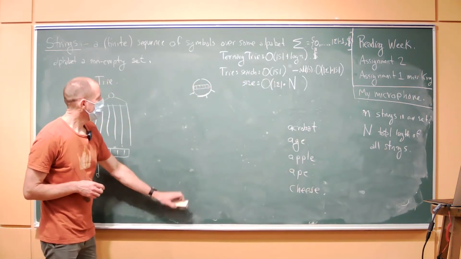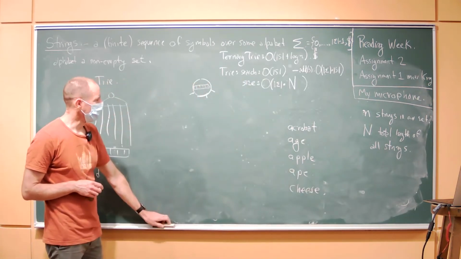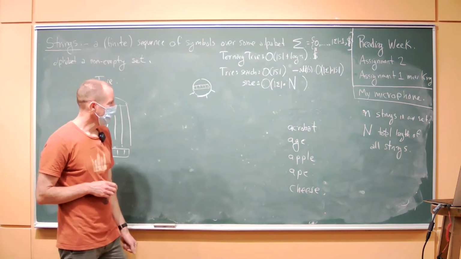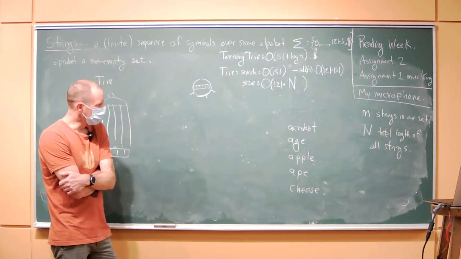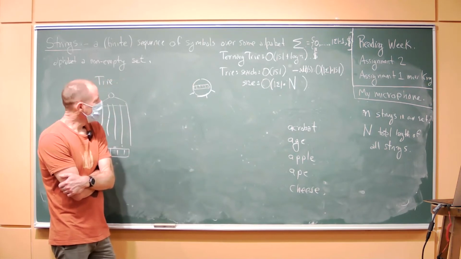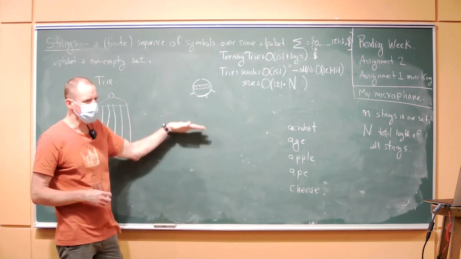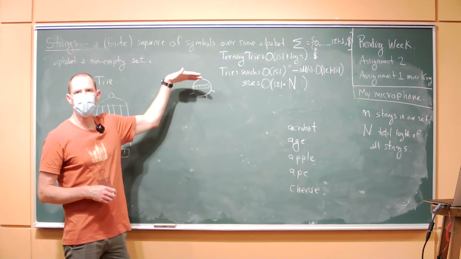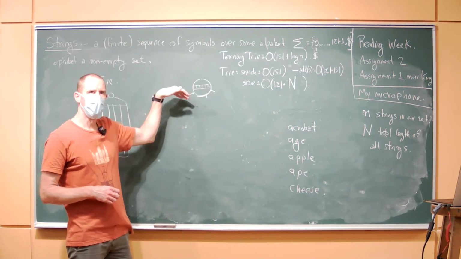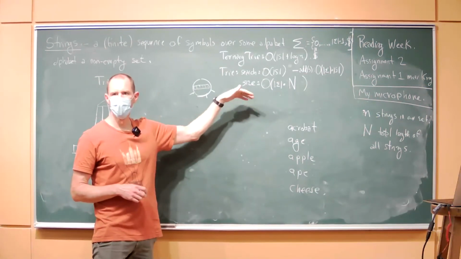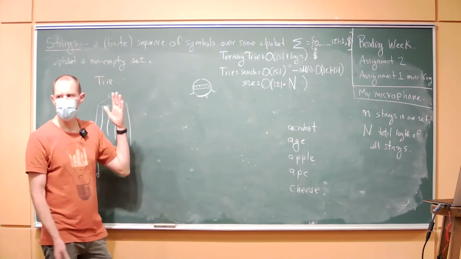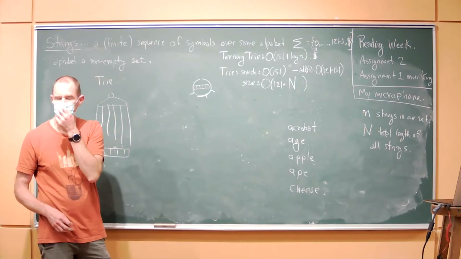All right, so let's try and make this a little bit more efficient. Similar idea. Before, we were making a tree, putting labels on the edges. Each edge was labeled with a character, and every string is just a path in our tree.